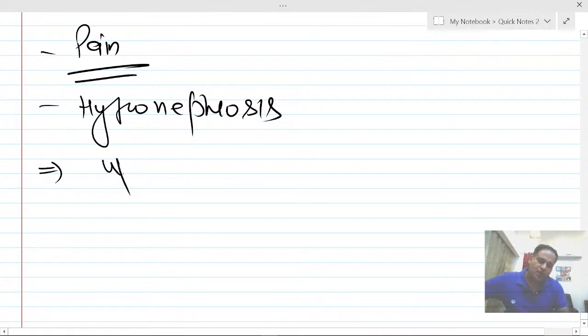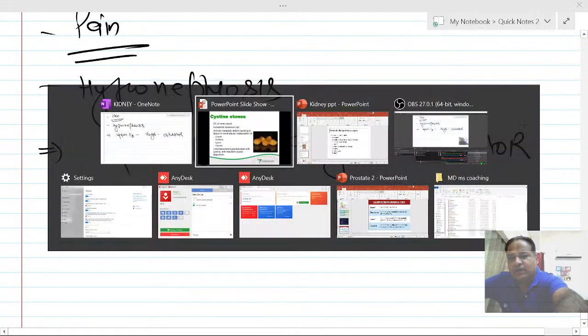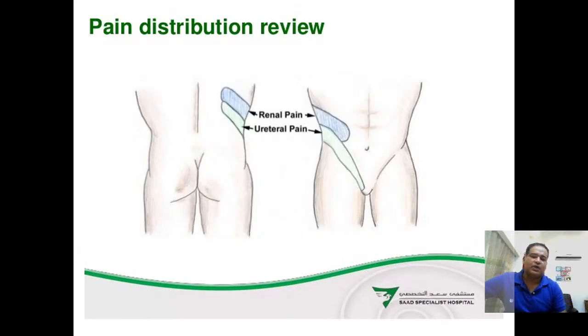So stones, if they are present in the upper one third of the ureter, the pain can radiate to the thigh by the obturator nerve. I'm talking about this pain, and now talking about this pain.